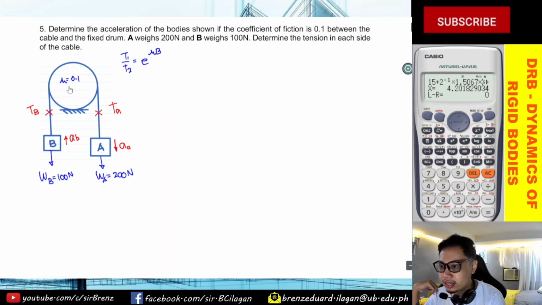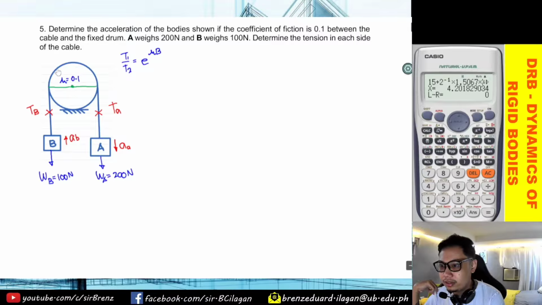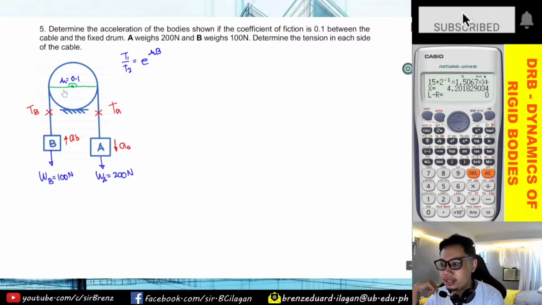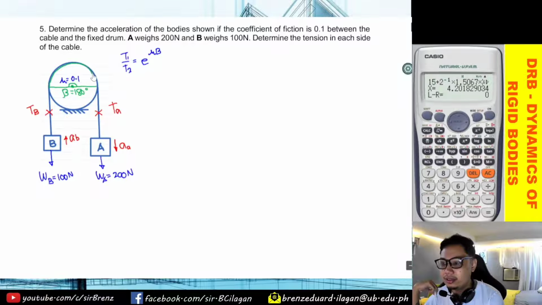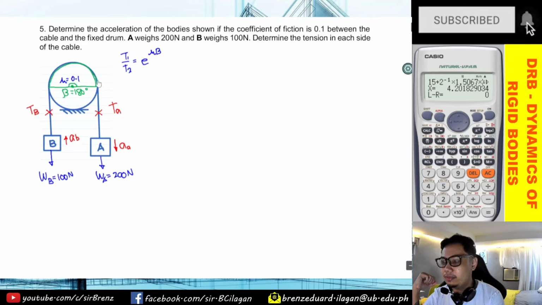So for this, obviously, ang angle na pinag-uusapan dito ay ito. So from this point up to this point. So ano yung angle na yan? So tama. So the angle of that is equals to 180 degrees. Yung contact angle ito yung sinasabing 180. Ayan, yung may contact between the cable and yung sa ating drum. Ito yung drum na tinatawag. Pwede rin pulley.